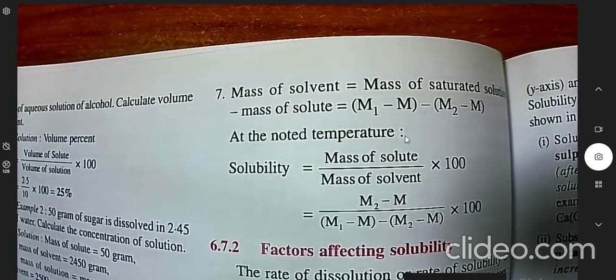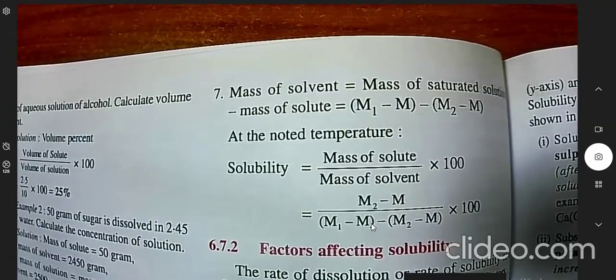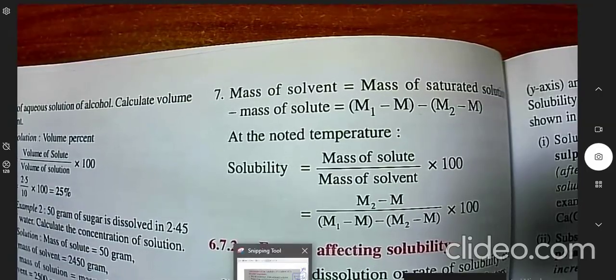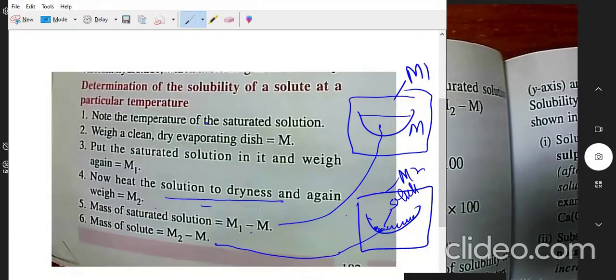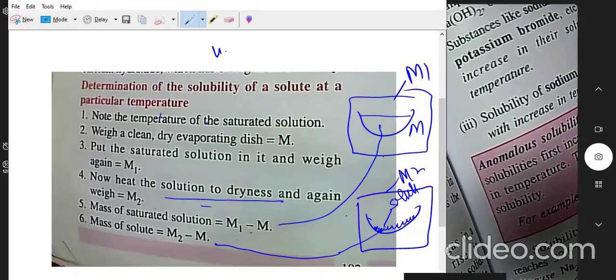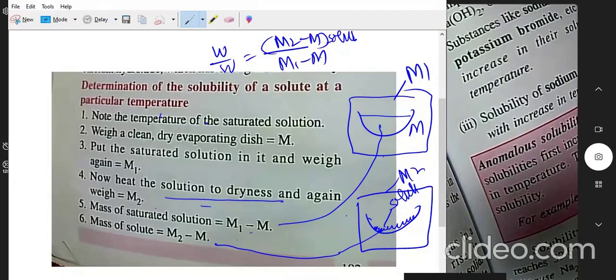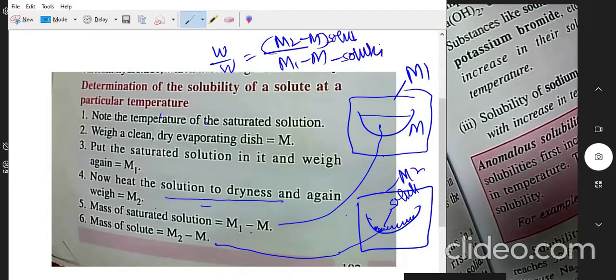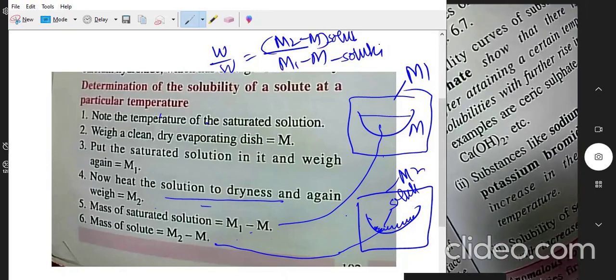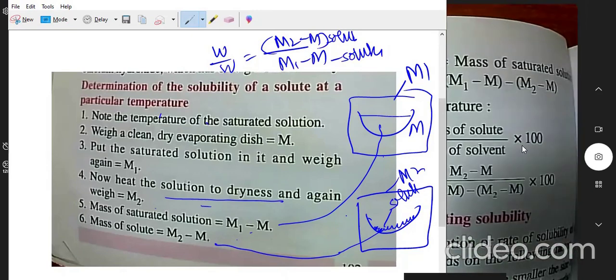You can just do M2 minus M over M1 minus M: the weight by weight ratio will be the solute over the solution. If you do it in terms of solvent, it will be different, but they have not taught you that. So forget about this. That's how you do it.